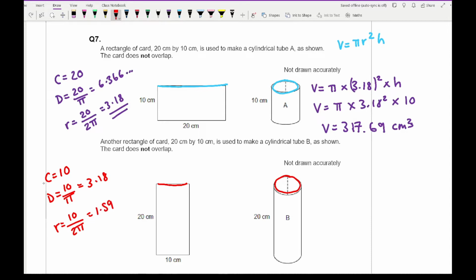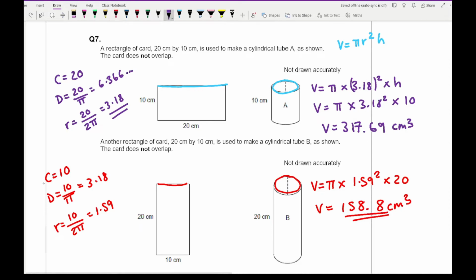So then the volume equals pi times 1.59 squared, times 20. And if I type that all into my calculator, I get an answer of 158.8.